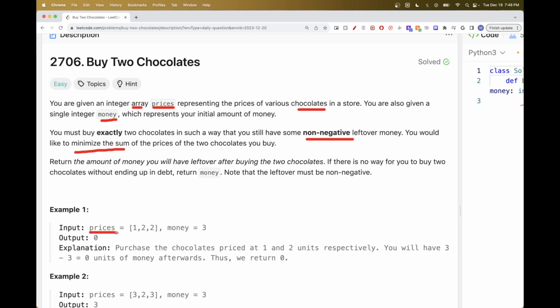You have the array of prices, so you need to pick the 2 chocolates with the minimum possible sum, so the 2 smallest ones. And if there is no way to buy without ending up with negative leftover, then you can just not buy them and return the remaining money, which would be the entire value of the money. Okay, so that's the idea.